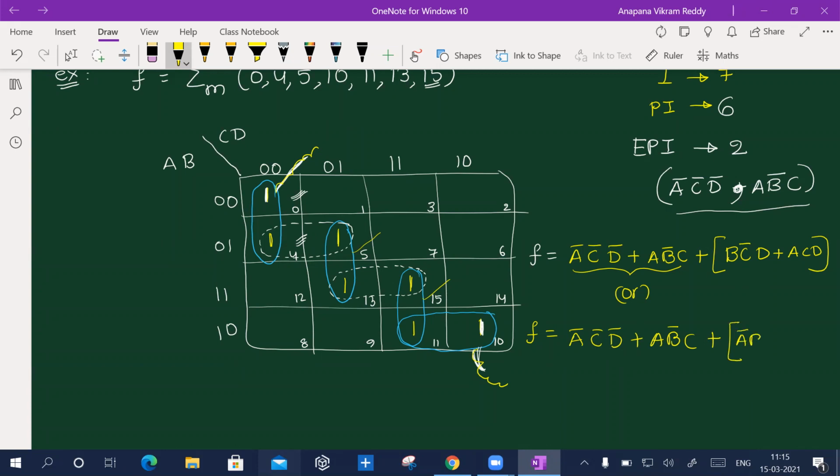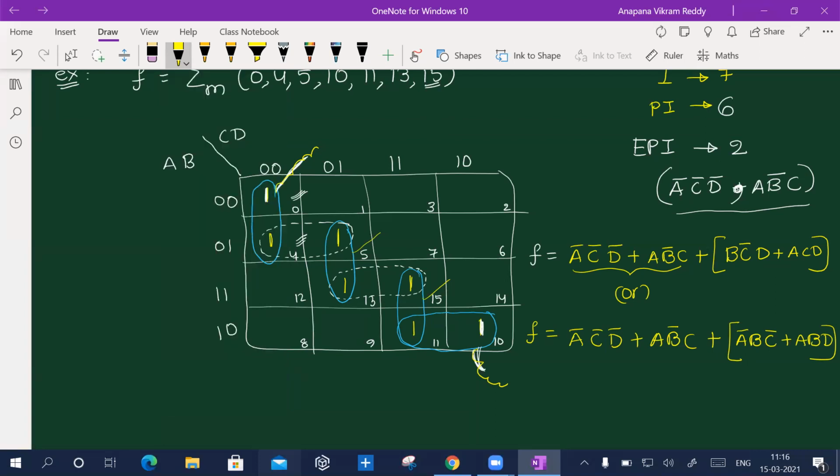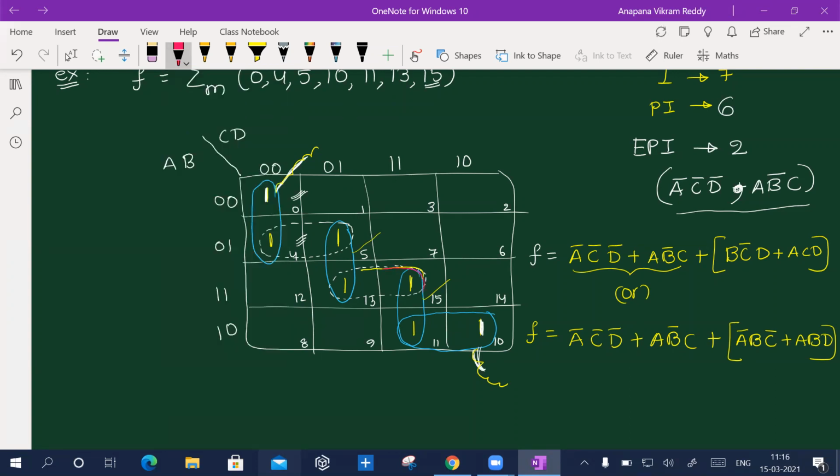A complement B C complement, or can I write ABD? Because see, I'm just showing you: if I take this one, I'm getting this. If I take this, I would get ABD, right?